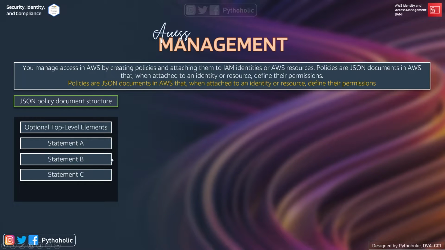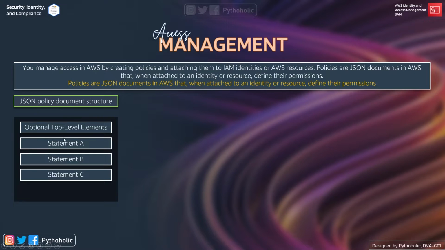If a policy includes multiple statements, like we have here statements A, B, and C, AWS applies a logical OR across the statements when evaluating them. If multiple policies apply to a single request, in that case also AWS applies a logical OR across all of those policies when evaluating them.